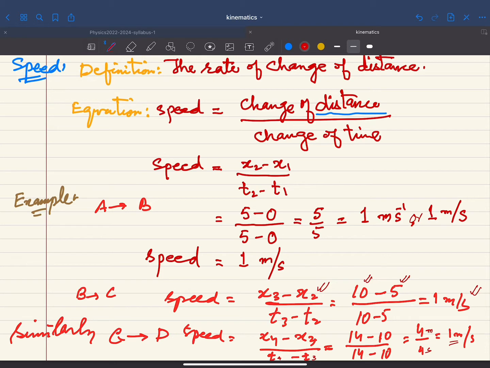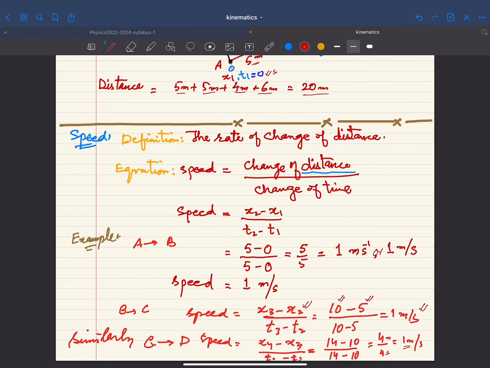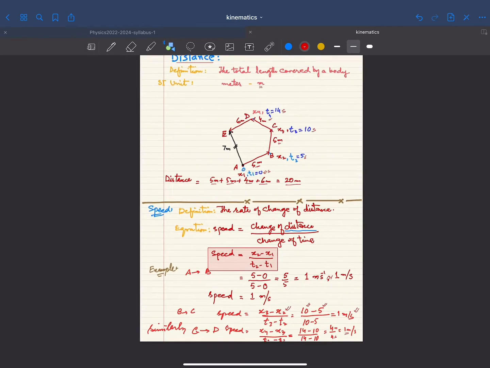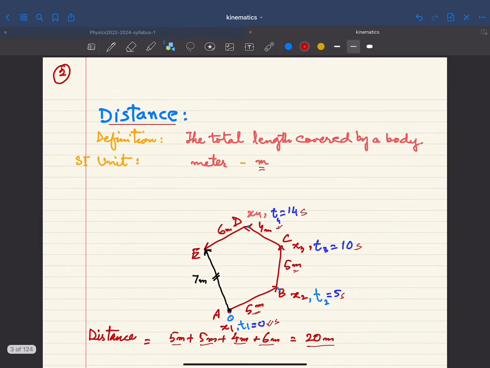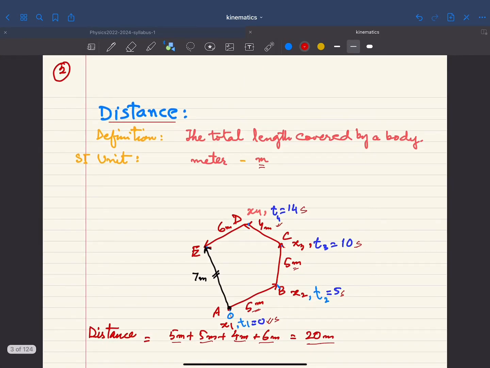But of course you may have a situation where speed is not constant, but the simple equation you have to consider is this one, the rate of change of distance, or simply change of distance divided by change of time. This is simple because, as we have studied in our scalar quantities, we can simply add, subtract, divide or multiply.